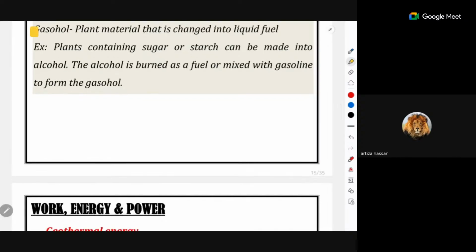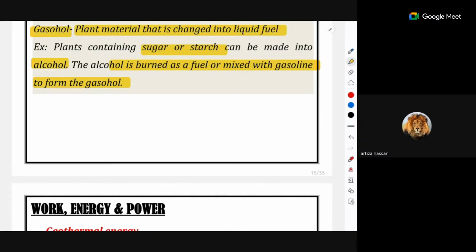And gas and ethanol are combined, so we get biomass. The plants containing sugar or starch can be made into alcohol. This is ethanol actually, right? It burns as fuel and mixed with gasoline it forms gas oil, meaning a gasoline and alcohol combination.